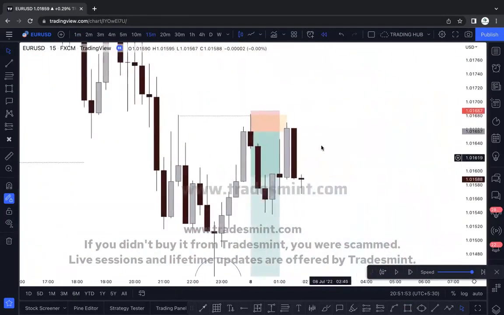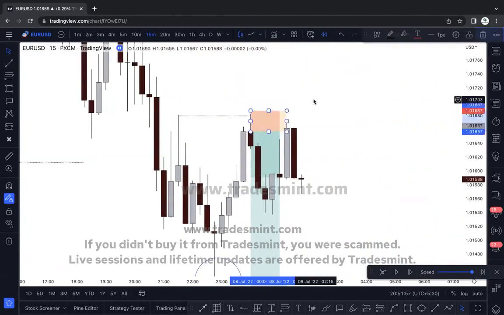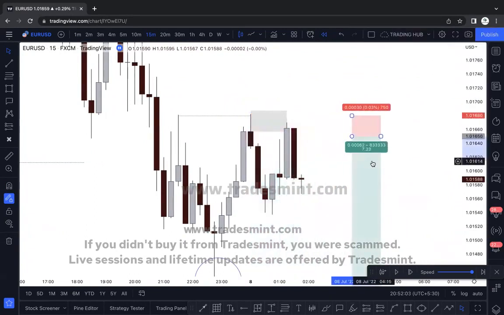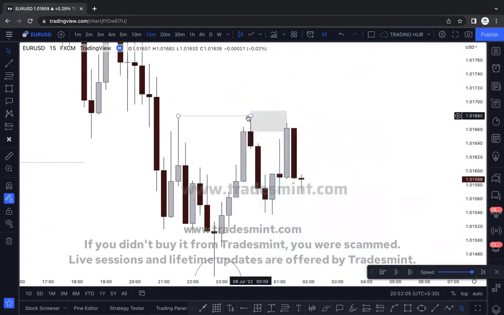I'm talking about this wick. Correct. And this wick acts as a supply. Why? Because market took out the liquidity and this wick acts like a supply, and this wick we can use for the sell. Correct. So first entry is here and on this supply zone.